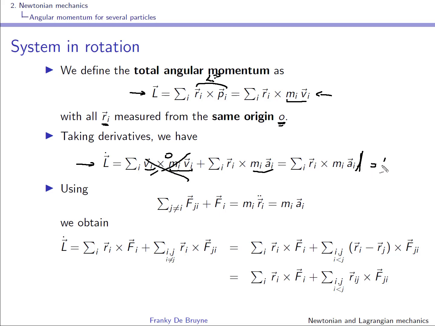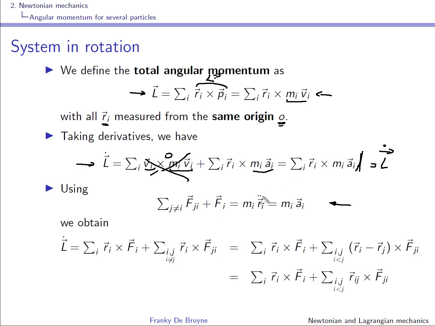This is equal to the time derivative of the total angular momentum. So what you see here is Newton's second law applied to one particle i. This is something that we've used before.